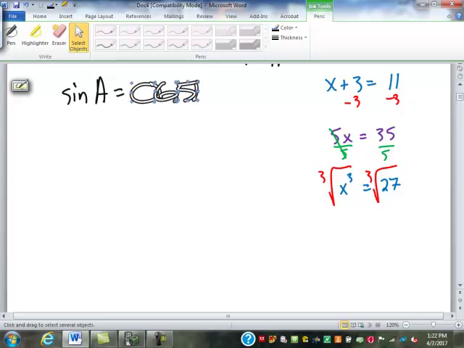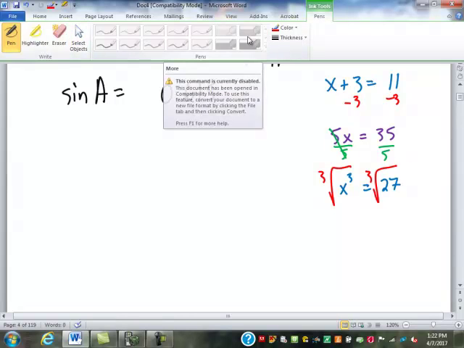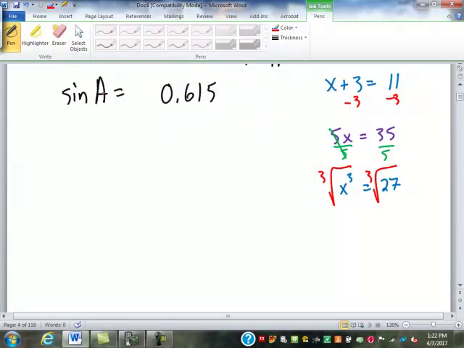So to solve this equation, we have to do the inverse. What's being done to my variable? A is the variable here. Think of A as being x. What's being done to it is we're taking the sine of it. On your calculator, that's the button with the little sine -1.